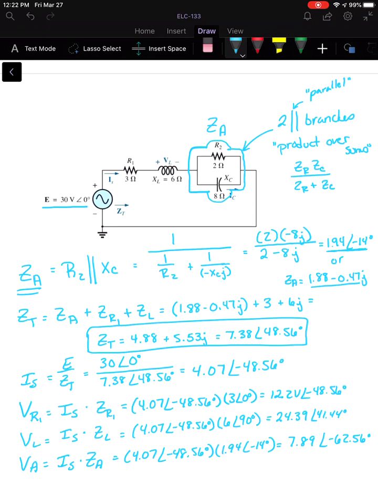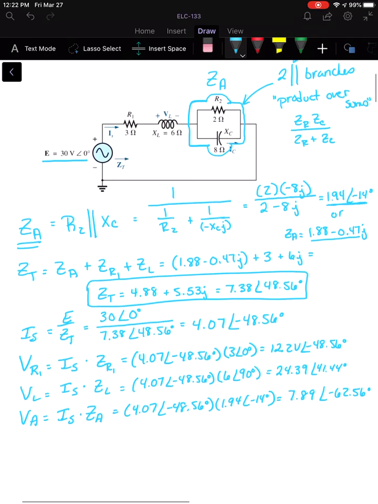So that's VA. Now remember, we got ZA by combining two parallel impedances. The parallel impedances are going to have the same voltage. So the voltage drop across R2 is VA. The voltage drop across the capacitor is also VA.